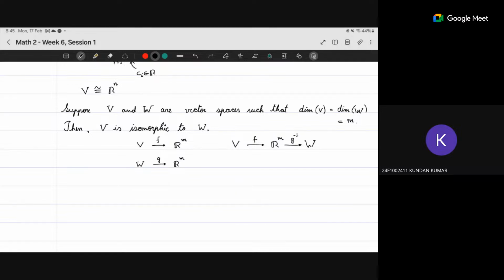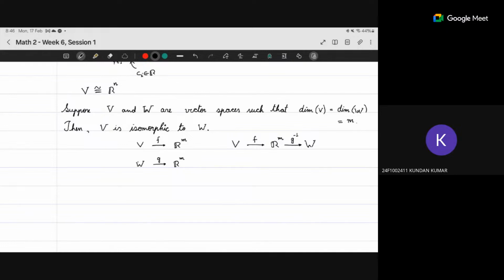Changing codomain to domain and domain to codomain. So when you have a bijection, you can go back and forth between the codomain and the domain. They are essentially the same. If you want to go from the domain to the codomain, in the case of G, you'll go from W to Rm. If you take the inverse, it becomes a map from Rm to W.